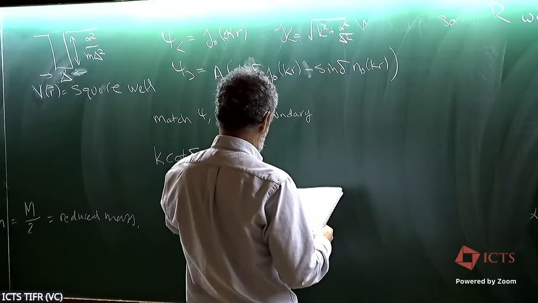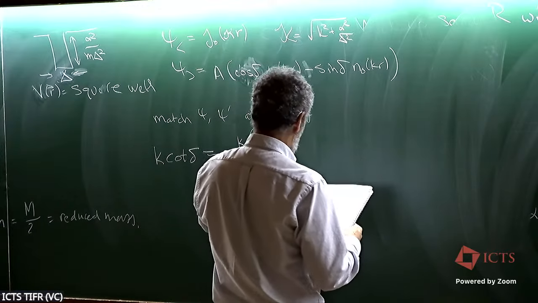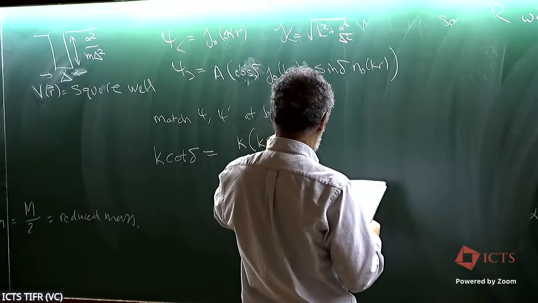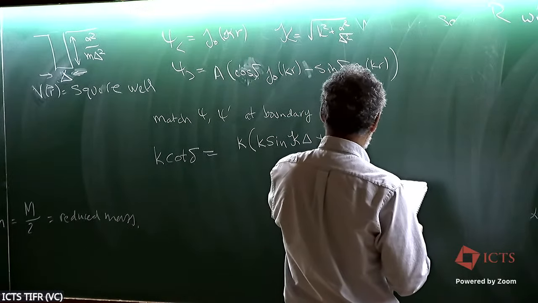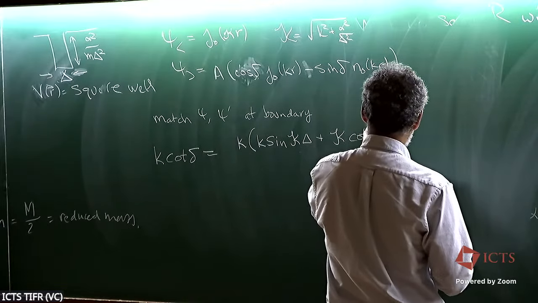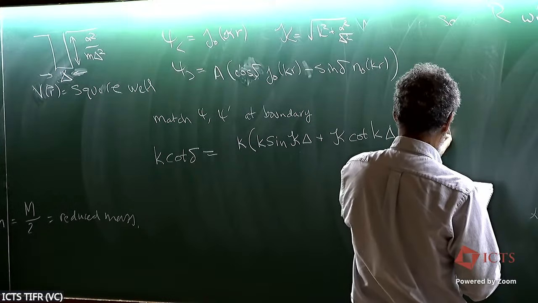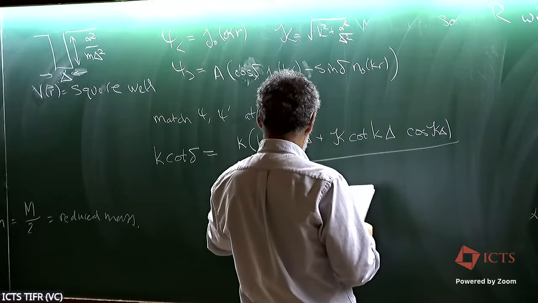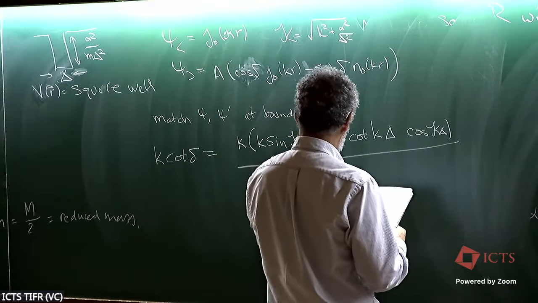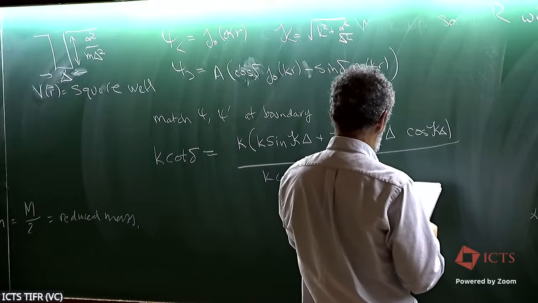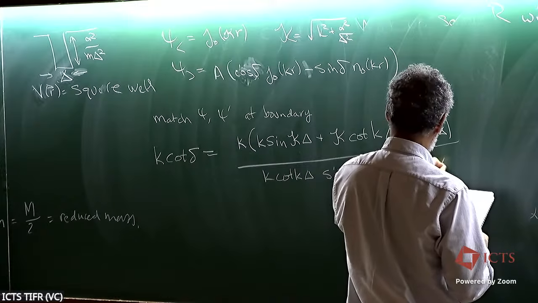It's a nasty expression. k cot delta equals k sine kappa delta plus kappa cot k delta times cosine kappa delta, over k cot k delta sine kappa delta minus kappa cosine kappa delta.